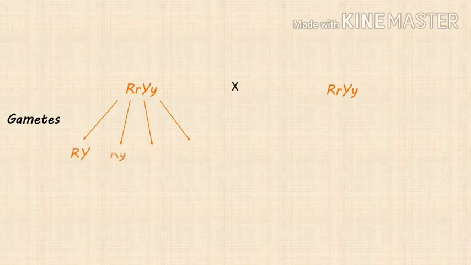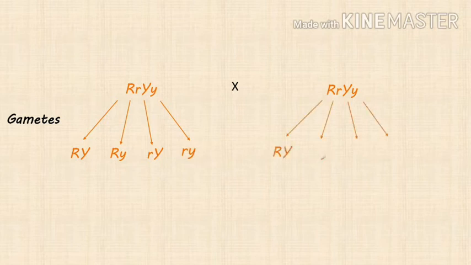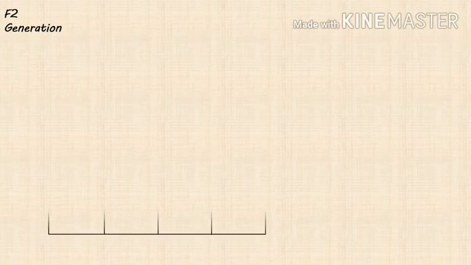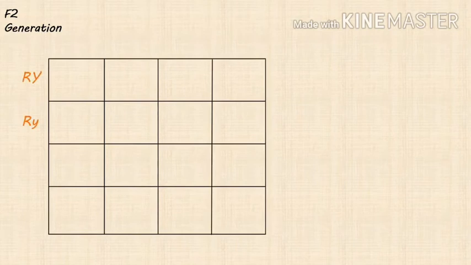So gametes formed will be capital R, capital Y, capital R, small y, small r, capital Y, small r, small y. And same way in another one. Now these gametes will be fused together and will make F2 generation.